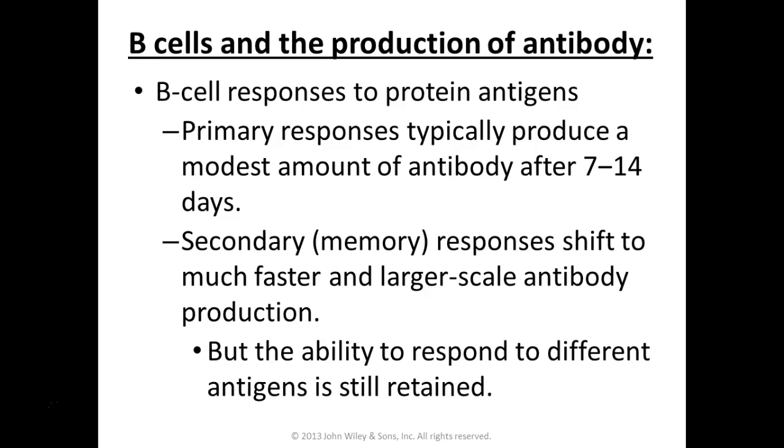So that very first time, the unfortunate thing is it could take from 7 to 14 days to find a naive B cell and a naive helper T cell that recognize that specific antigen. All right, so this takes time.